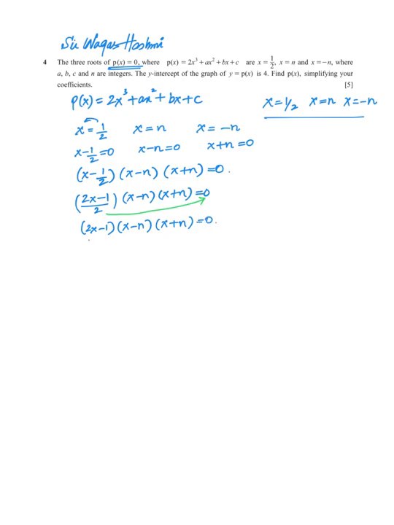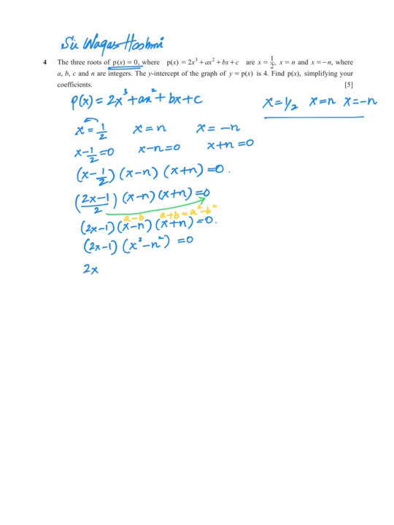All right. So 2x minus 1 as it is. These two are basically the property which states that (a minus b)(a plus b) leads to a square minus b square, right? That is the property. So basically (x minus n)(x plus n) leads to x square minus n square equals 0. Now we need to multiply those brackets.